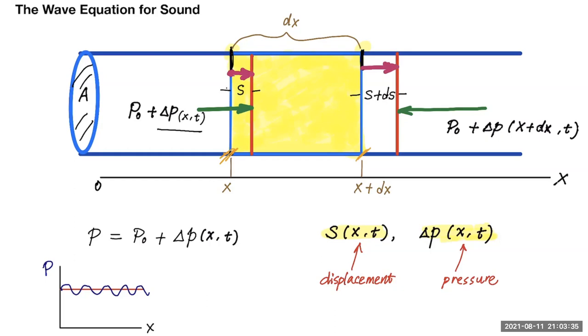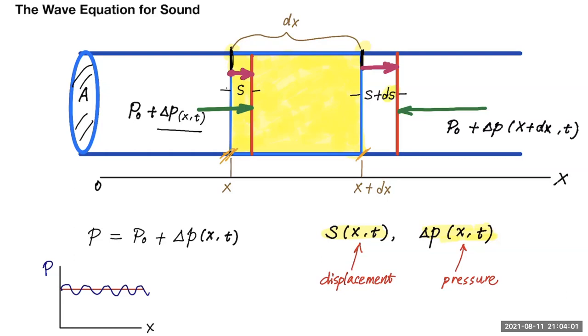There's no sound wave. But the thing is, the left edge and the right edge will not necessarily move by the same amount. The left edge moves by an amount s, and the right side moves by an amount s plus ds. Here is ds right here. So it moves a little bit more or a little bit less than the left edge. That's what causes the column to increase or decrease in its volume.